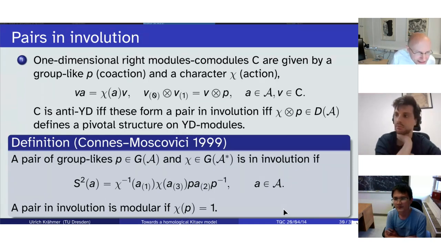Yes, it's the pivotality. Kauffman had also introduced these. I was referring to his result. Yes, that's true. It's precisely the choice of a pivotal structure on the Yetter-Drinfeld modules, i.e. on the modules over the Drinfeld double. You can read it like this. Yes. Okay, got you. Thank you.